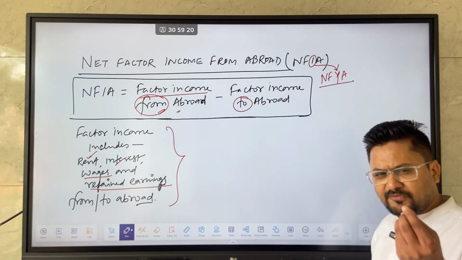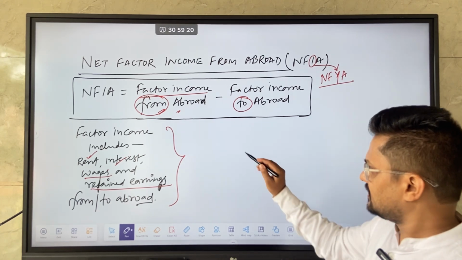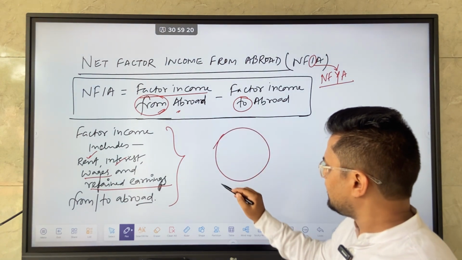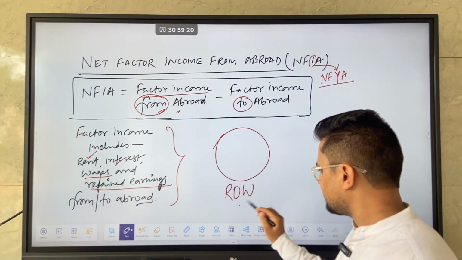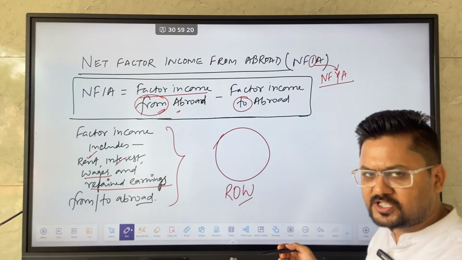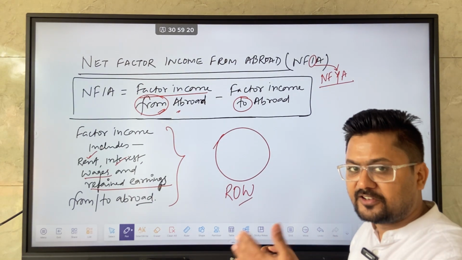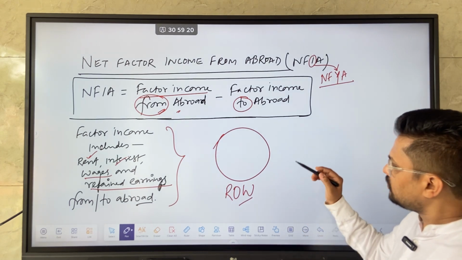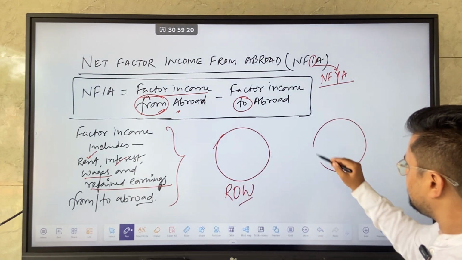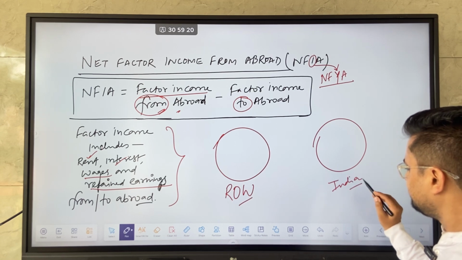Now, a very simple flow chart or diagram can be used to explain this concept. For example, we have the rest of the world. ROW stands for rest of the world, that is the economies with which the domestic economy has trade relationships. Here we have the domestic country; let's take this as India.